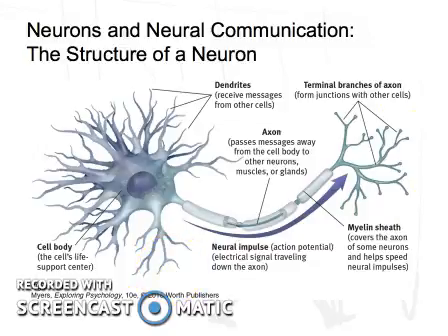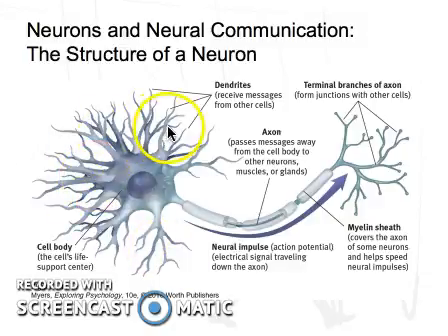All right, let's review here a little bit. This whole thing is a neuron, or it could also be called a nerve cell or just a cell. Neurons are the building blocks of the nervous system. They're the elementary components of our nervous system. And our nervous system is the body's speedy electrochemical system. So neurons receive signals from branching dendrites.